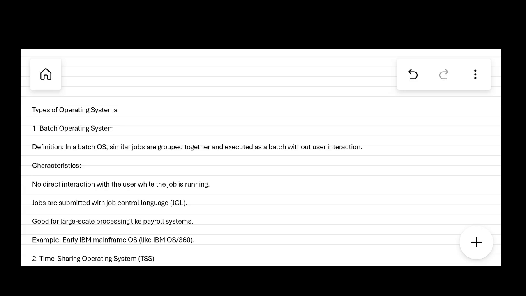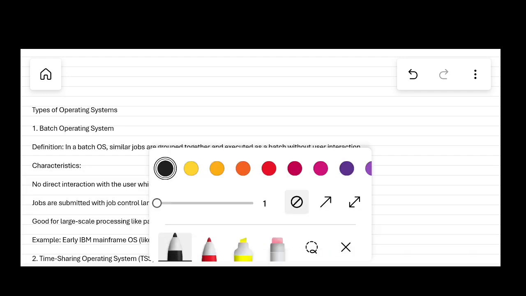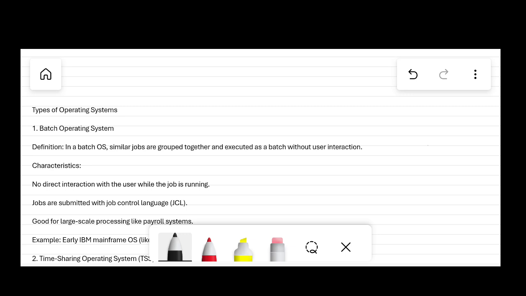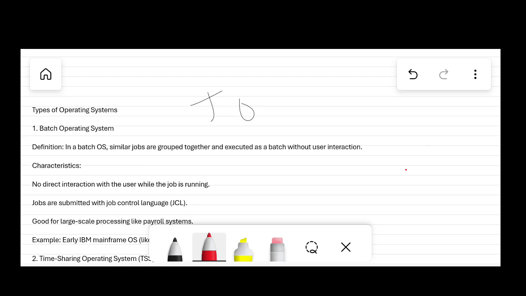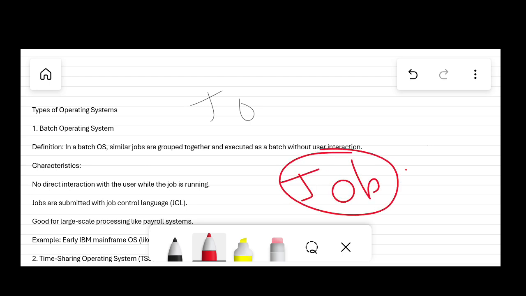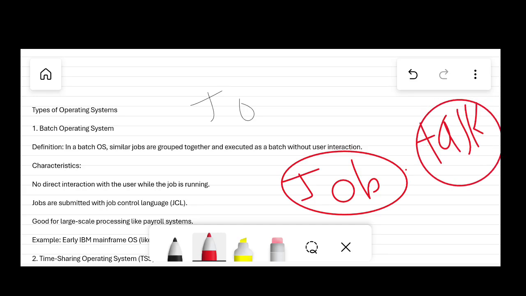So basically, in a batch OS, jobs or tasks that are similar are grouped together and run one after another.